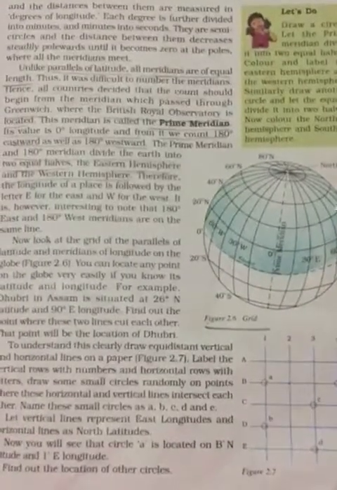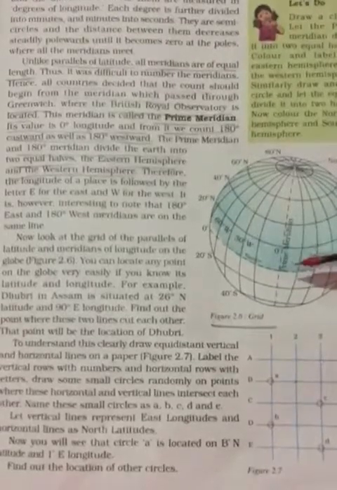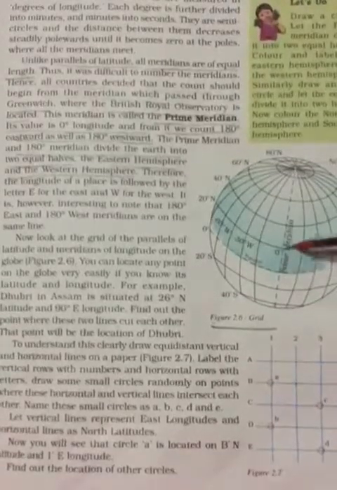Here we will talk about the prime meridian. This is the prime meridian. The meridian passing through Greenwich, where the British Royal Observatory is located. This meridian is called the prime meridian.